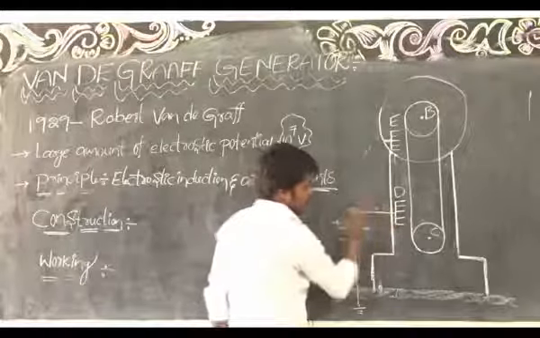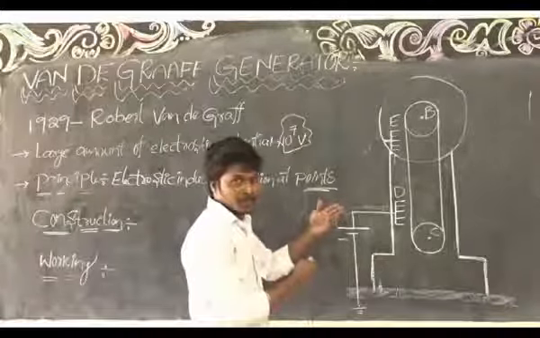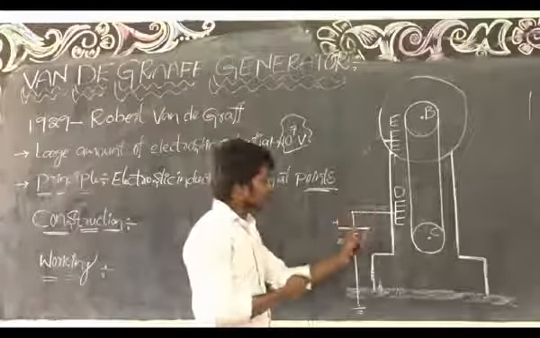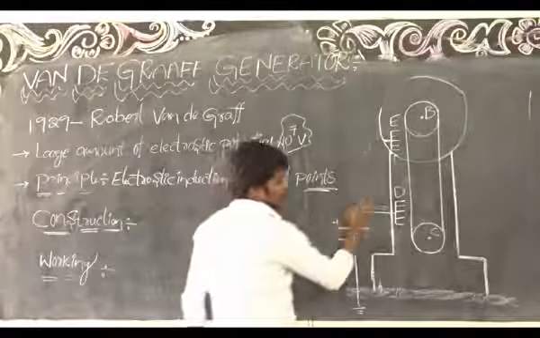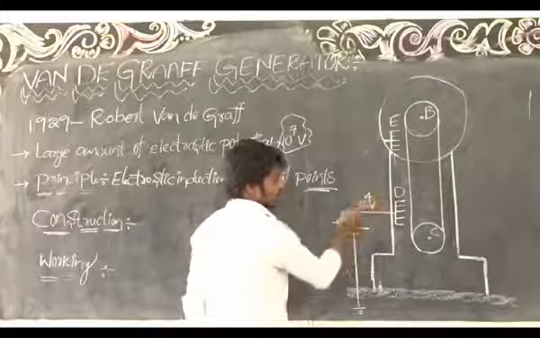How much can it transfer? How many positive charges can it transfer from the battery to the conductor? That limit is 10 power 4 volts, a potential of 10 power 4 volts.